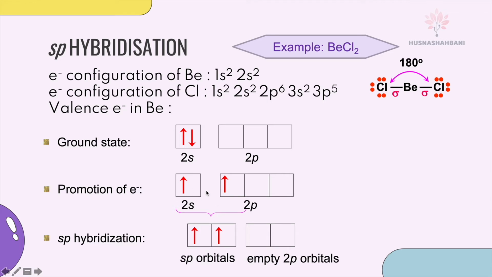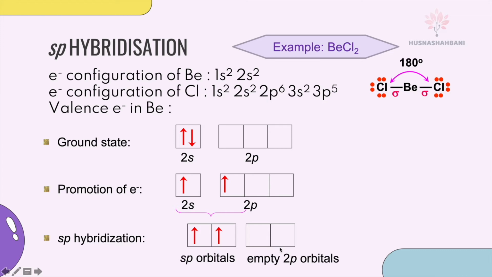When you mix these 2 orbitals together, it becomes sp orbitals. And this is sp hybridization. Write down sp hybridization. And this is the orbital diagram of sp hybridization, leaving 2 empty orbitals. You have to write down these 2 empty orbitals.